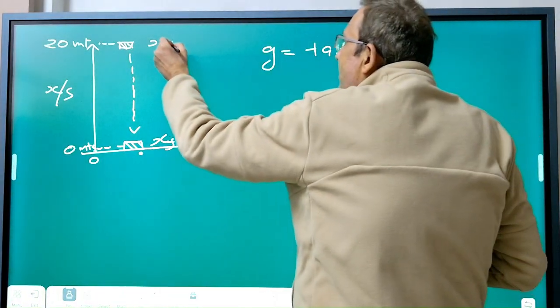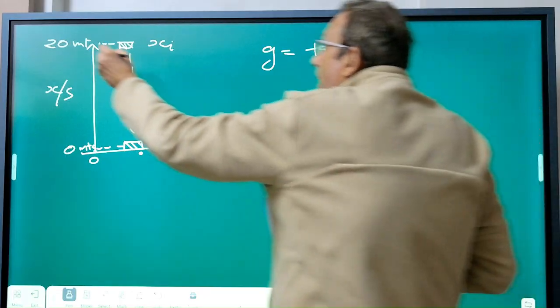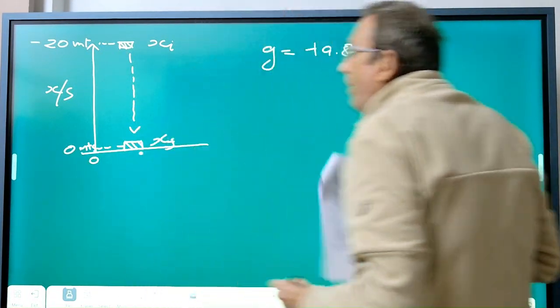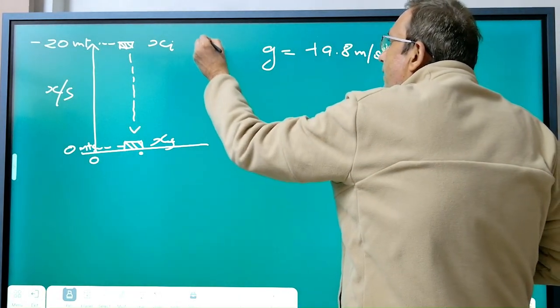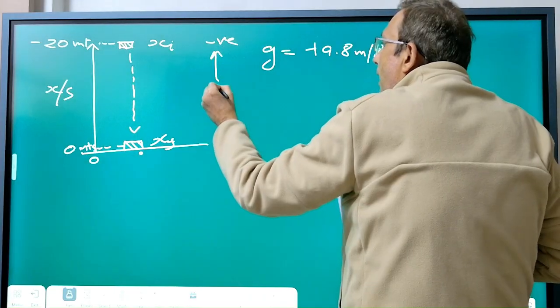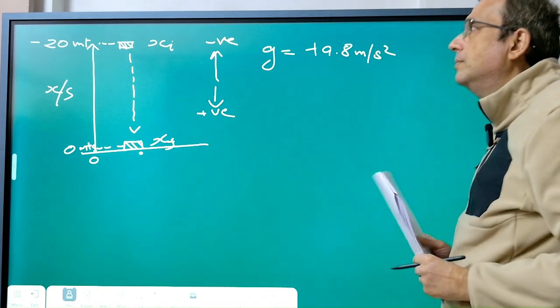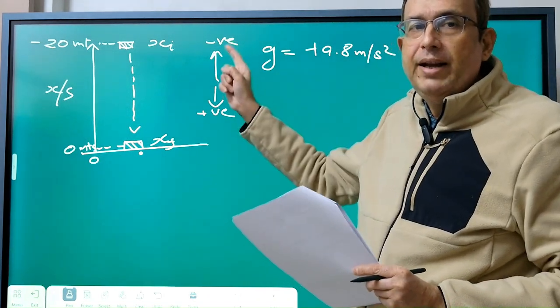And then the x initial is going to be minus 20. Okay, so why would it be minus 20? Because up is negative and down is positive. So you are going from down to up, from positive to negative.